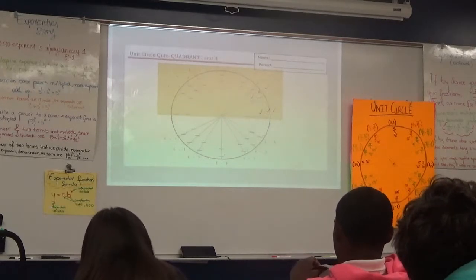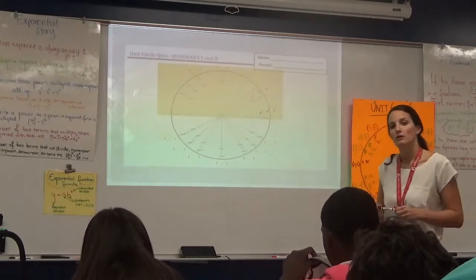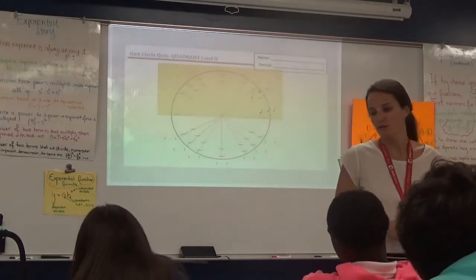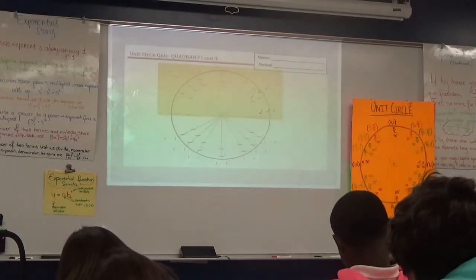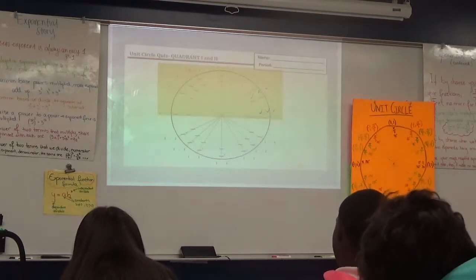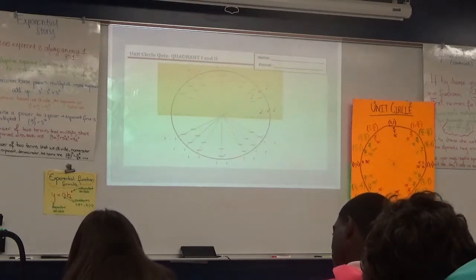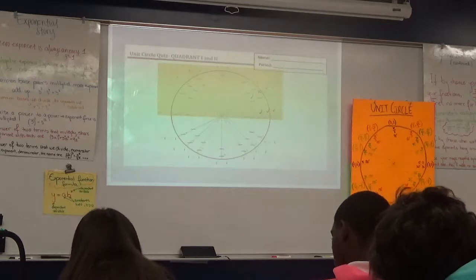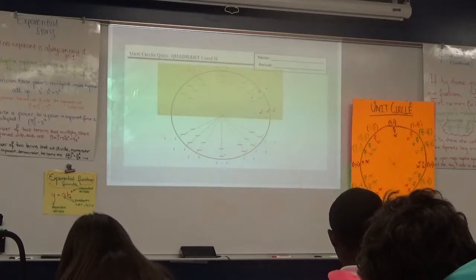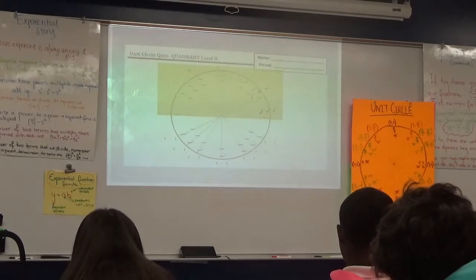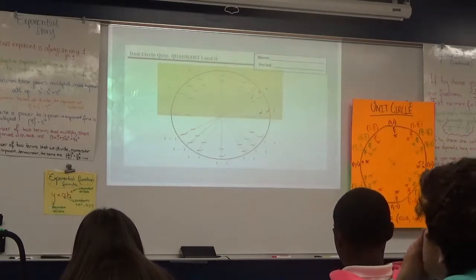Next one, 45 degrees, pi over 4, root 2 over 2, root 2 over 2. Next one, 60 degrees, pi over 3 radians, 1/2, comma, root 3 over 2. Up top, 90 degrees, pi over 2, you're splitting it in half. So remember, not just memorizing, but think about what makes sense. And the point is 0, 1.